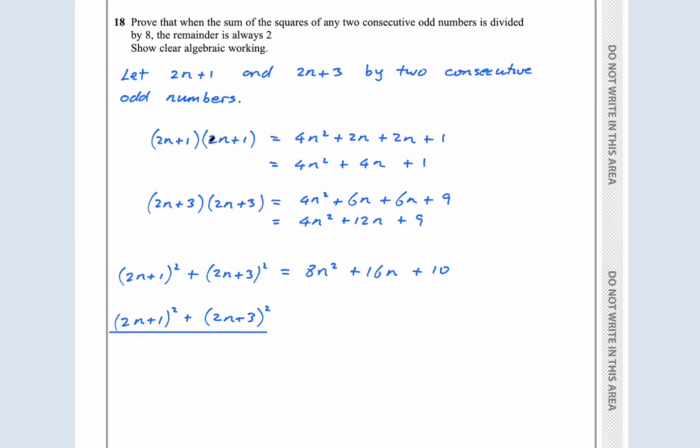He says the sum of the squares of any two consecutive odd numbers, that's this plus this, when we divide it by 8, we're left with this divided by 8 is n squared, because the 8 goes. This divided by 8 is 2n, and this divided by 8 is 1 remainder 2. So it's 1 plus 2 eighths.